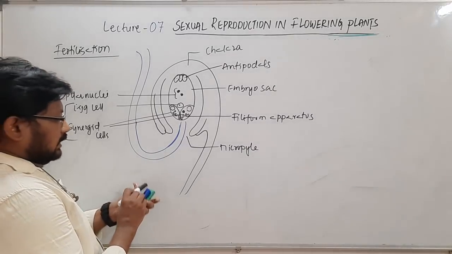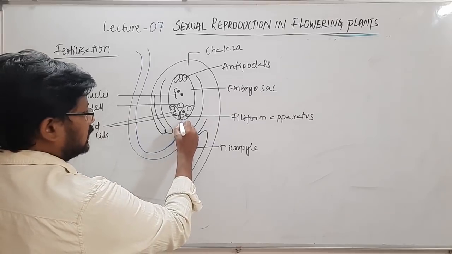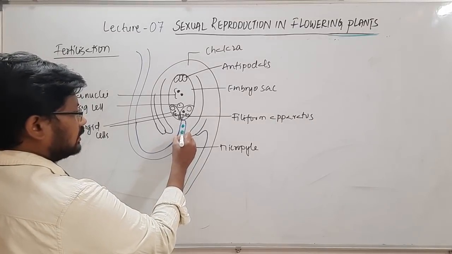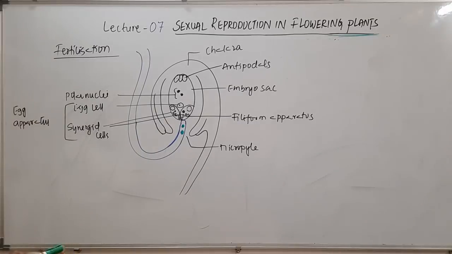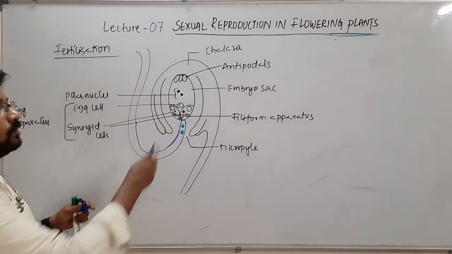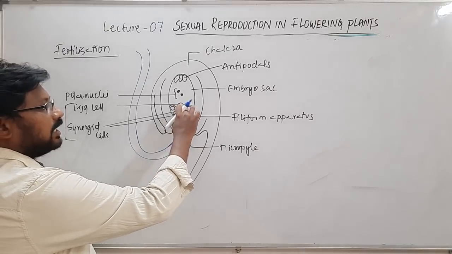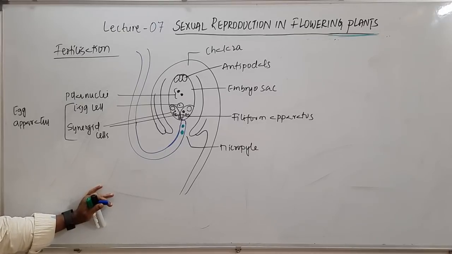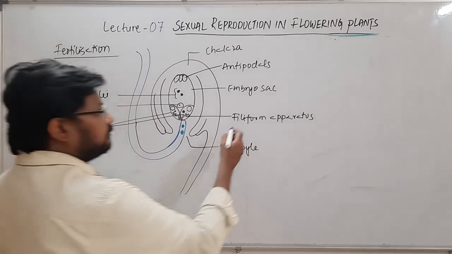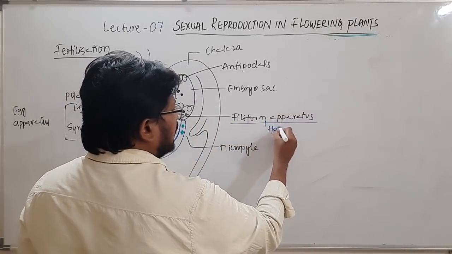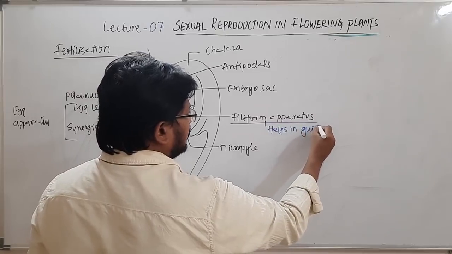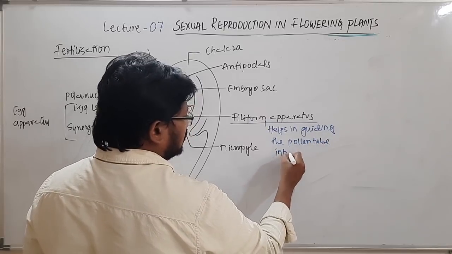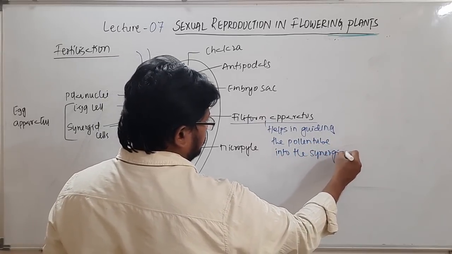Now this is the pollen tube, and you can see the male gametes here. This pollen tube enters through one of the synergid cells. One of the synergid cells starts degenerating, and the pollen tube enters into that degenerating synergid cell. The filiform apparatus, as I told, helps in guiding the pollen tube into the synergid cells.